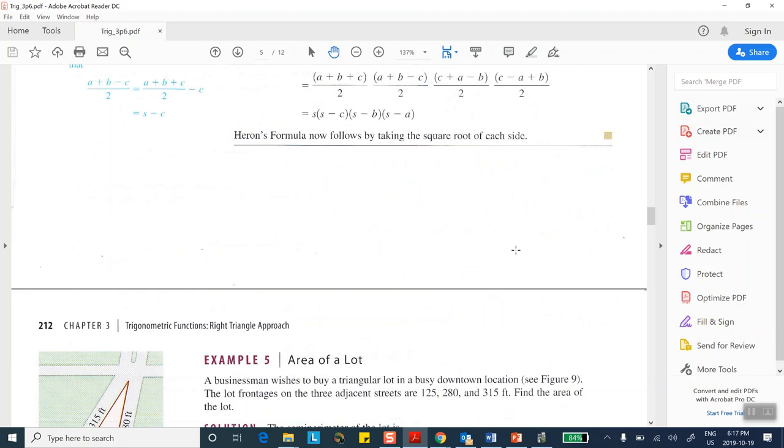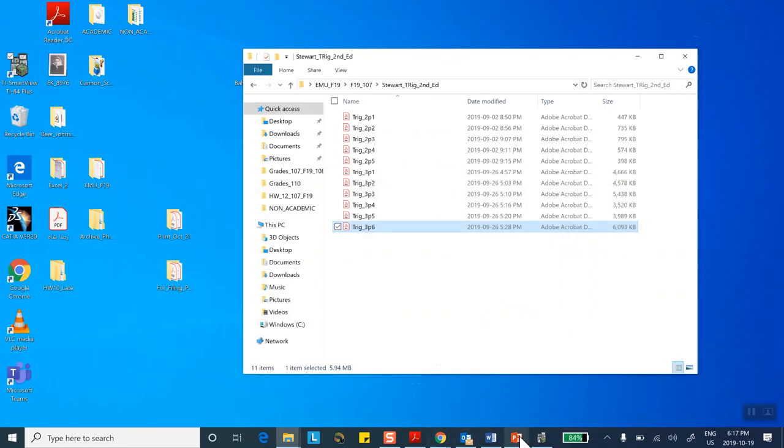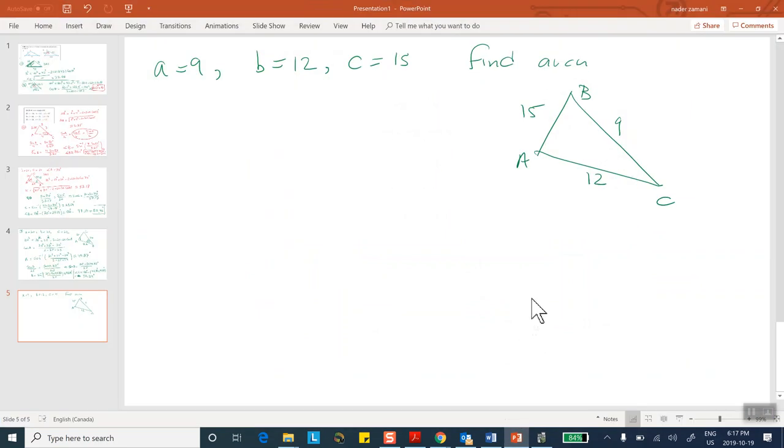Let me go up here. S is equal to, okay, square root of S times. Now, this formula does require the law of cosine, but we can use it. I don't expect you to use the law of cosine directly if you don't want to. If you want, you can use this formula. So let's go ahead and do that. I don't like it, but we can do that.